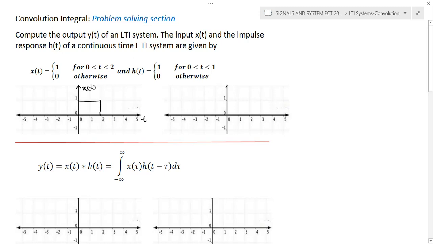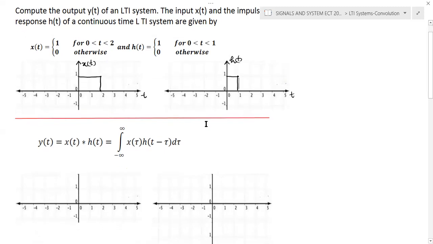And for the second signal, h of t is given by the equation h of t is equal to 1 for the limit 0 to 1. Now we need to evaluate the equation y of t is equal to x of t convolution h of t, which is given by integral minus infinity to infinity x of tau into h of t minus tau.